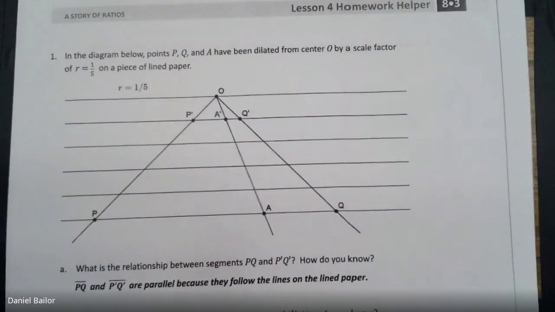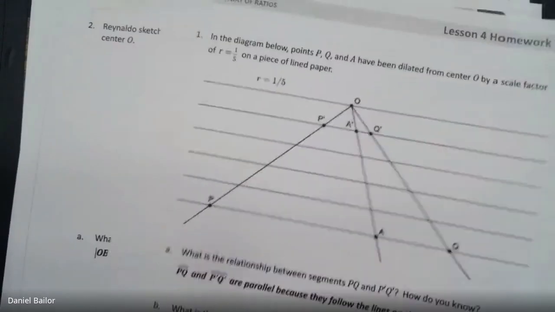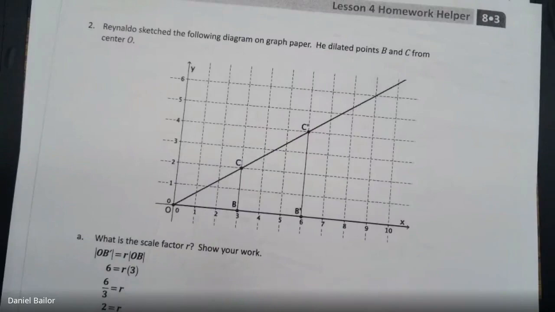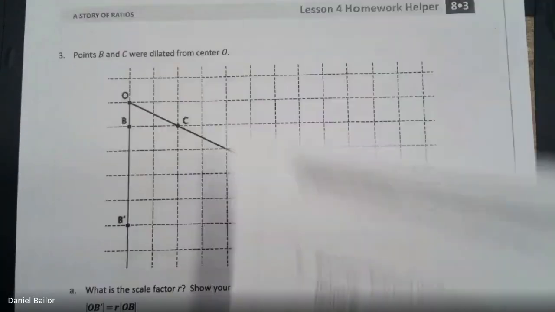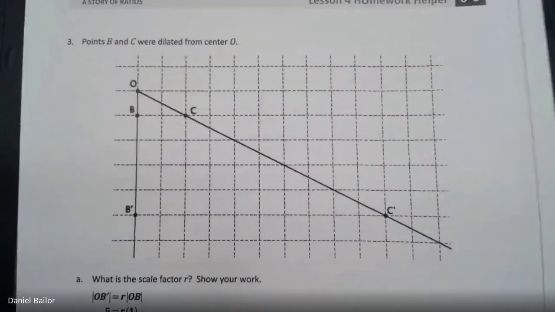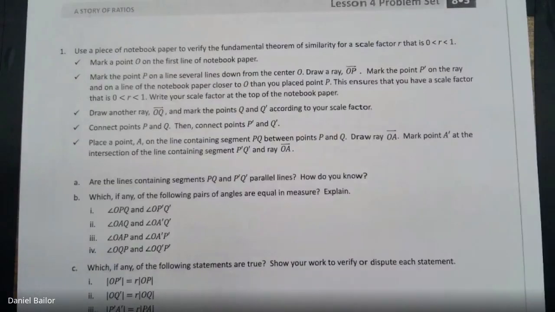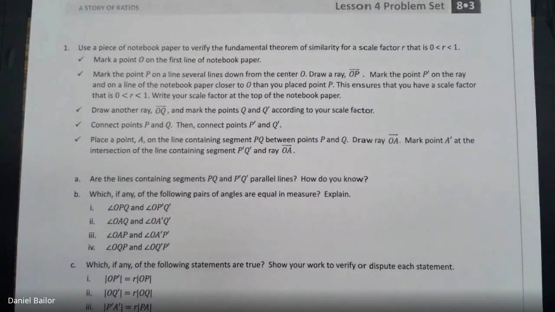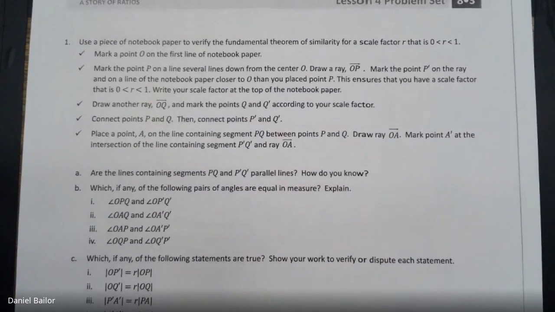If my words are not enough, use the homework helper. Homework helper goes on page 43, 44, and 45. It's a long homework helper today because there's some graphs and there's some explanations. So you can look at that later on your own if you want another review. But then going to page 47, we see the problem set.